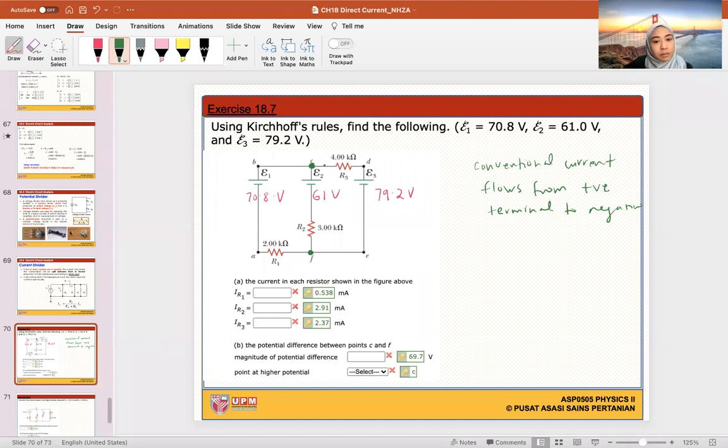Okay, so I want to make my junction at C. So my I flows here, I1. This guy is I2. And this guy is I3. That's the first step for your junction rule.